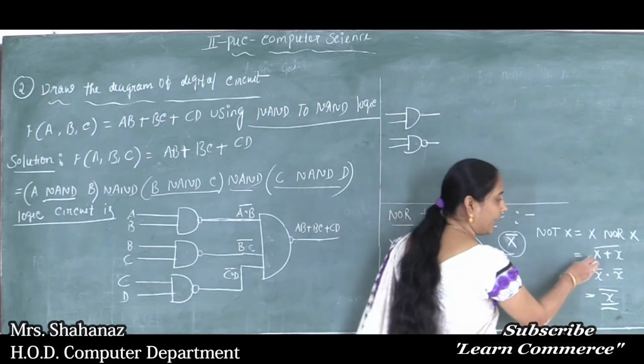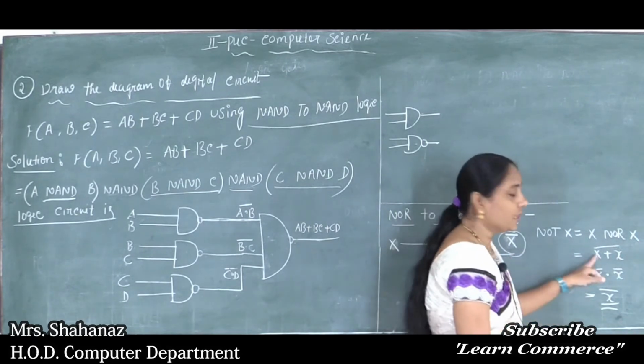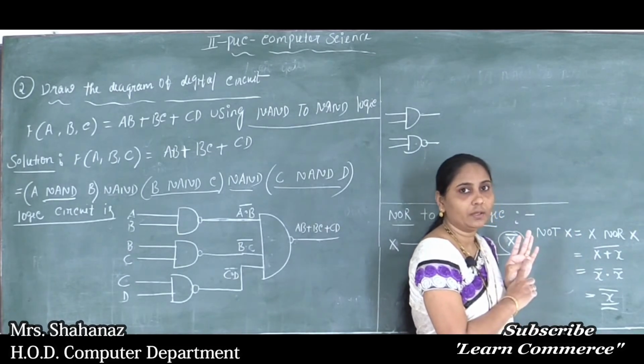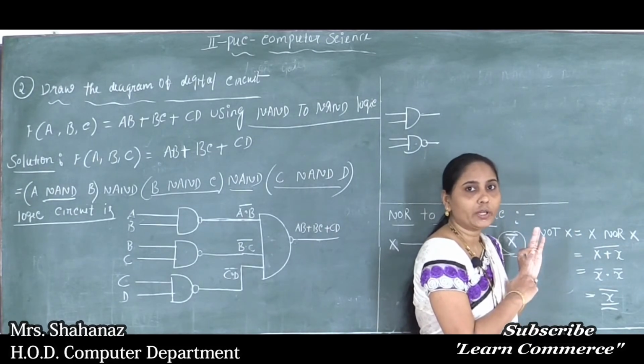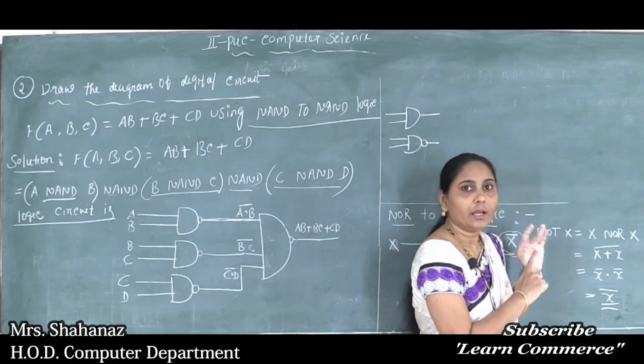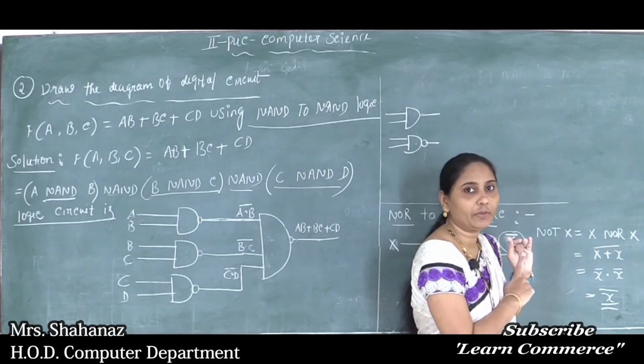So we can write by using De Morgan's second theorem: complement the entire function, change dot to the plus sign and change plus to the dot sign, and complement each of the individual variables.